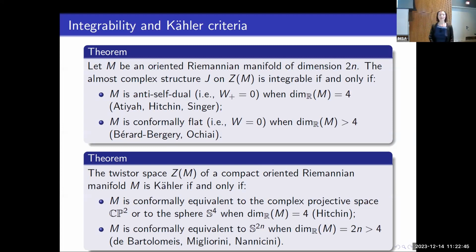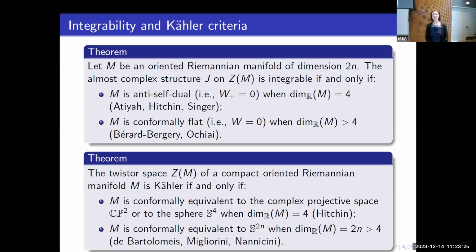And then there is also a question about when is the Twistor space Kähler, and that happens not often at all. It almost never happens. And there is another famous paper by Hitchin who classifies in real dimension 4 when the Twistor space is Kähler. And this happens only when M is conformally equivalent to the complex projective space or to the sphere, so either CP^2 or S^4.